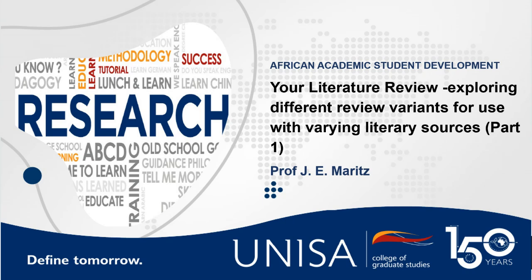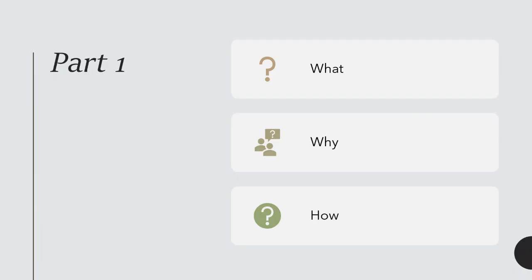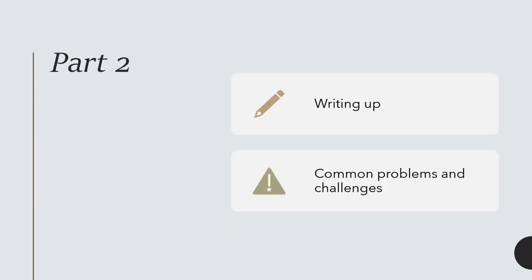So for this evening in part one, we're mostly going to cover the what, why, and how of the literature review. And then tomorrow evening, we're looking at writing up and common problems and challenges that we might face when doing a literature review, and how we can attend to those. For those who have in previous years attended my sessions, don't despair if the slides seem very similar.